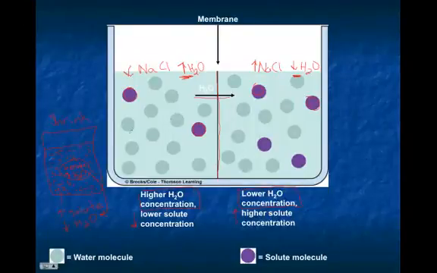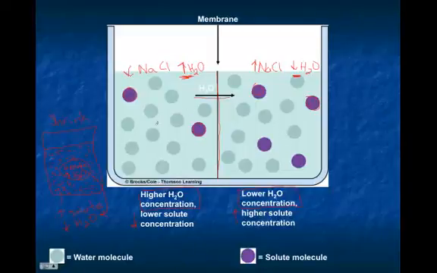You're going to mark what's on one side of the membrane versus the other. Whichever has the higher solute concentration is going to have less room for water, a lower water concentration, and whatever has the lower solute concentration has more room for water. So again, water is just going to simply move right down its concentration gradients until the water molecules are equal on one side versus the other.